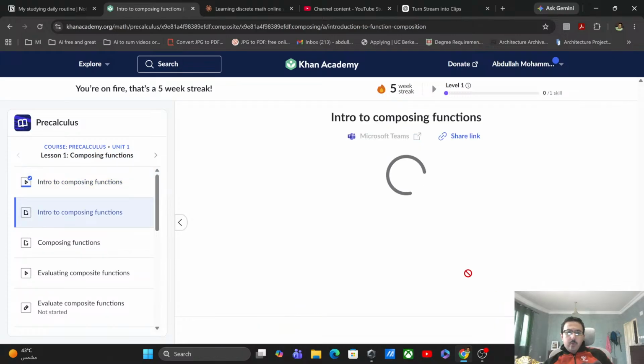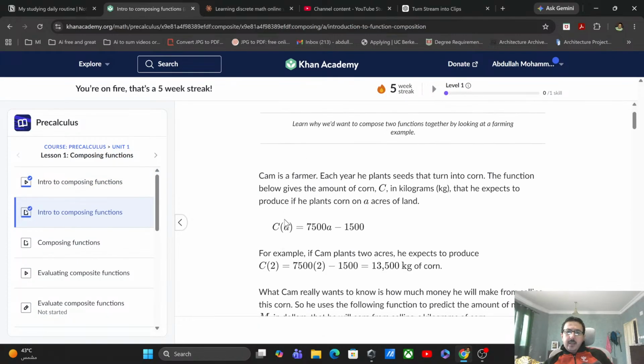So let's go to, this is an article. Cam is a farmer. Each year he plants seeds that turn into corn. The function below gives the amount of corn, C in kilograms, that he expects to produce if he plants corn on A acres of land.